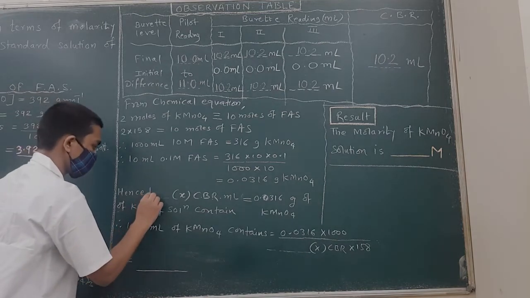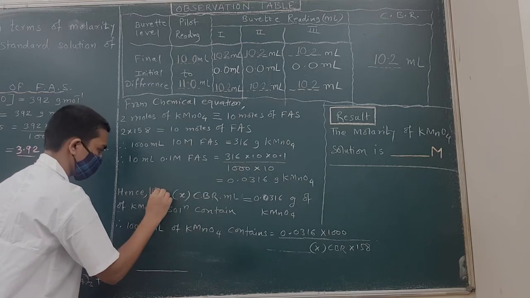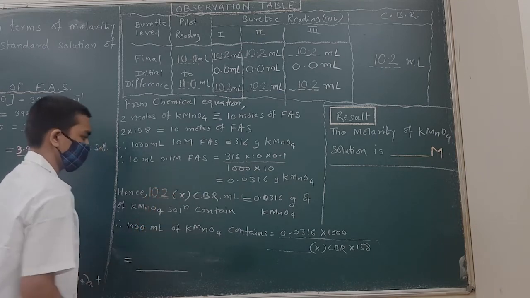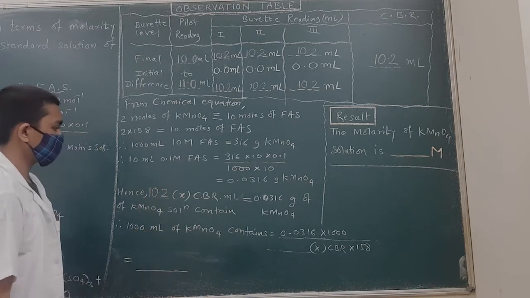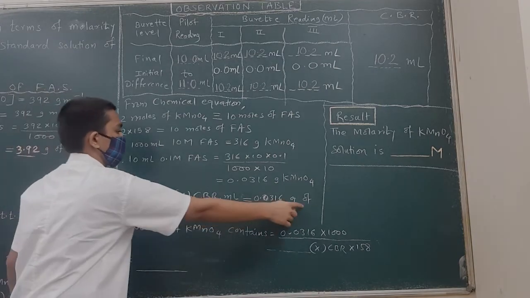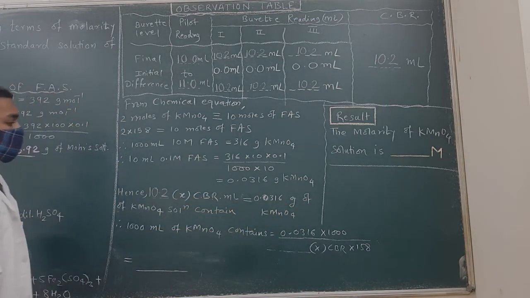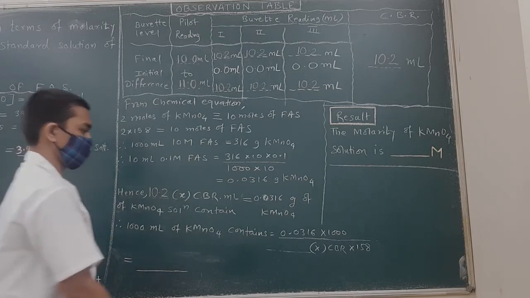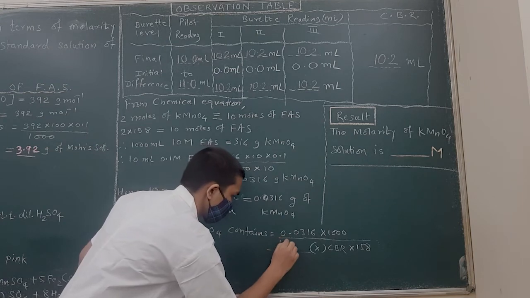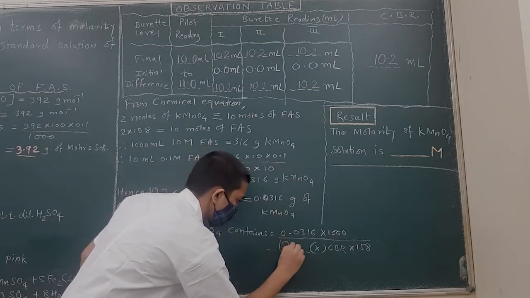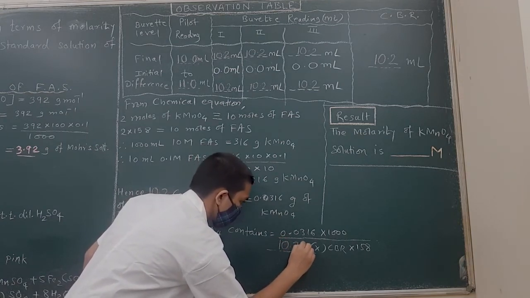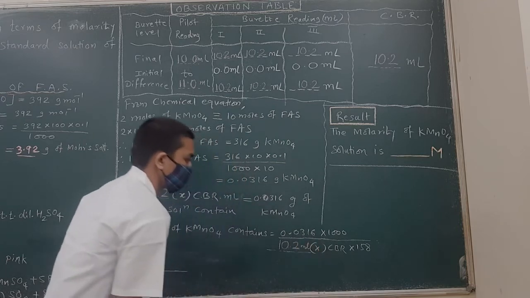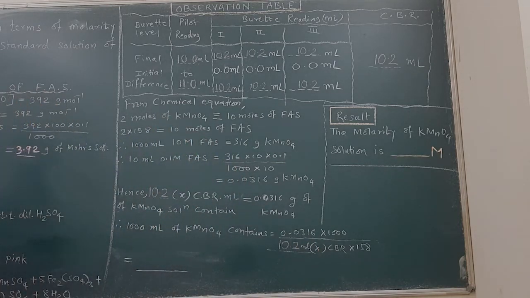Hence 10.2 ml of KMnO4 solution contains 0.0316 gram of KMnO4. Therefore 1000 ml of KMnO4 solution contains 0.0316 into 1000 upon our constant burette reading, that is 10.2 ml.